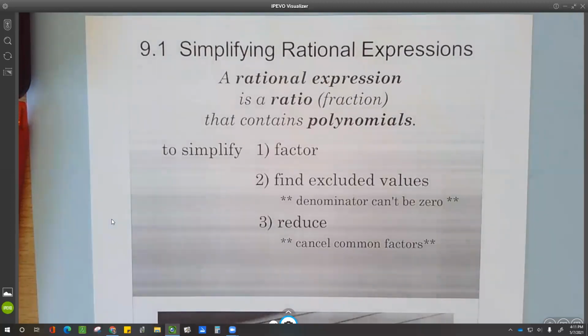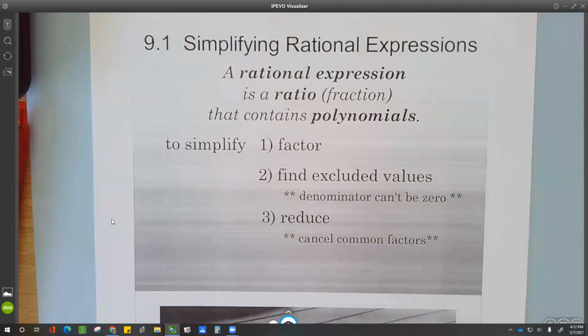Our last unit for the year is Unit 9, and it has to do with rational expressions and rational equations. And just like when we had rational exponents, that means that there's a fraction. In the case of rational expressions, you have a rational expression that has a variable in the denominator.